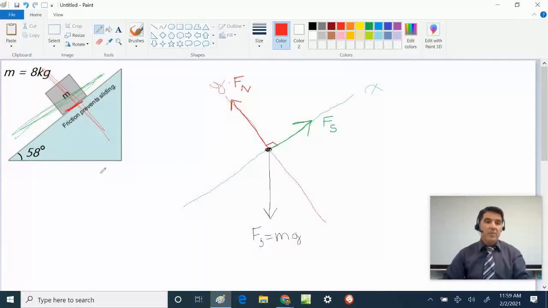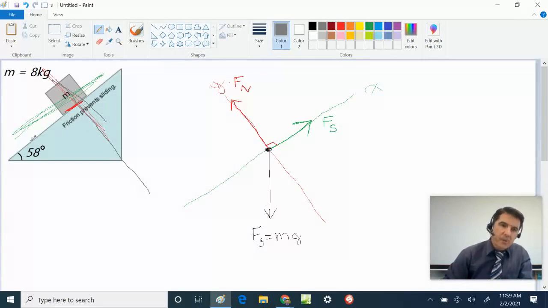When we look at this angle here, as this goes down through space, and this angle here, we have a couple ways to look at this.